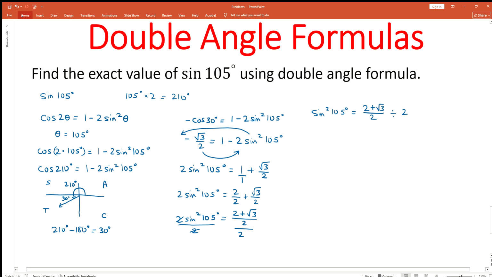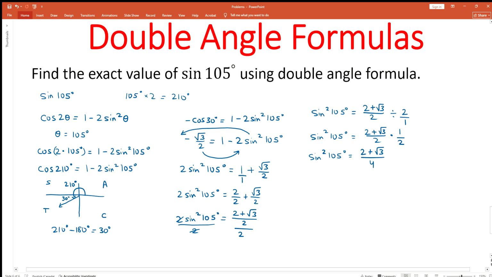Next, we can change this division statement into a multiplication statement. The denominator of 2 is 1. We should flip the fraction 2 over 1 to 1 over 2. Now we can multiply the fractions. We should multiply the top terms and the bottom terms. I get 2 plus square root 3 over 4.